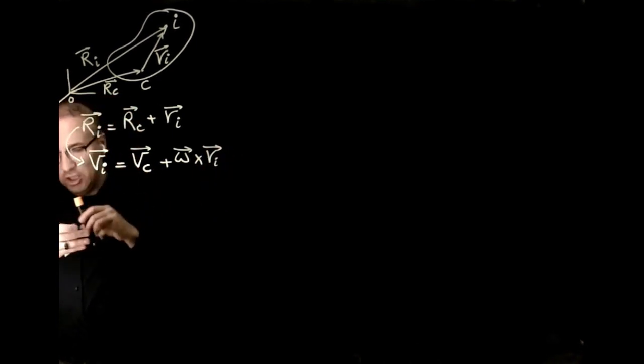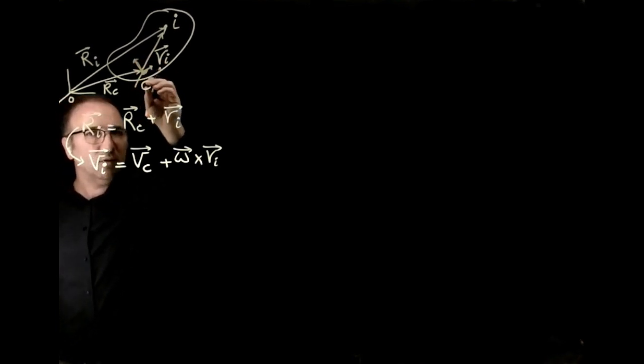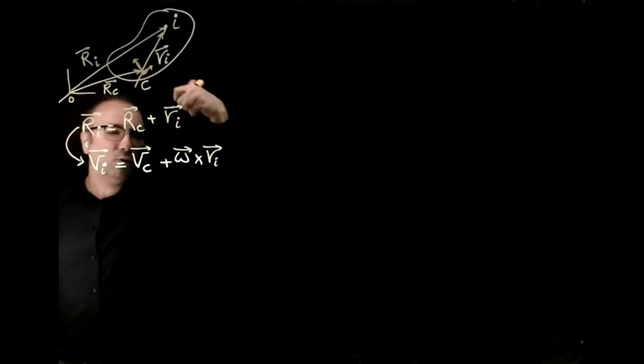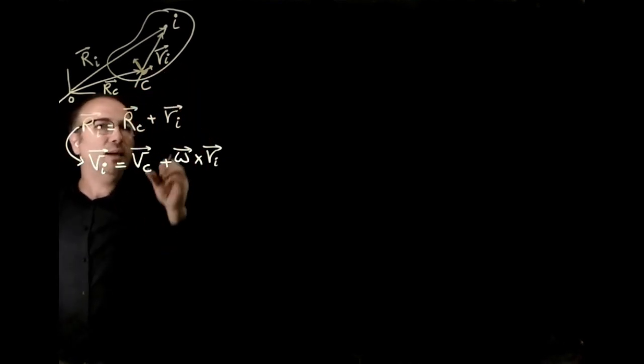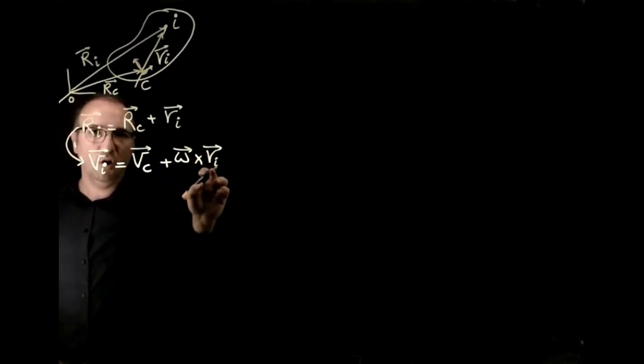and that would equal omega cross ri. So if I attach a coordinate system to the rigid body at C, for example, then I can measure omega for that coordinate system, how that coordinate system is rotating. Then the change of ri would be omega cross ri.